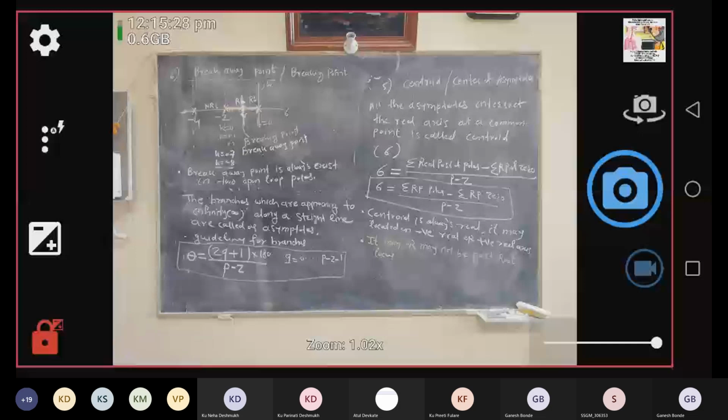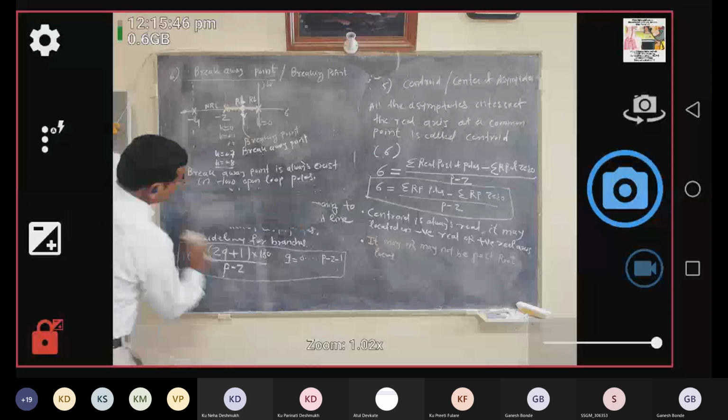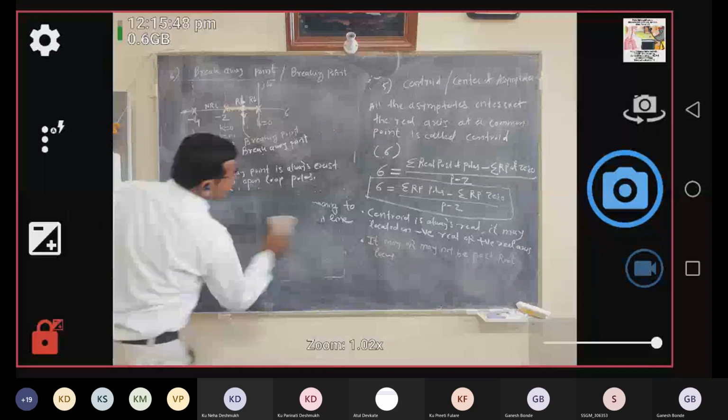So have you understood this? What do we mean by breakaway point? Okay, then how to determine the exact location of this breakaway point?